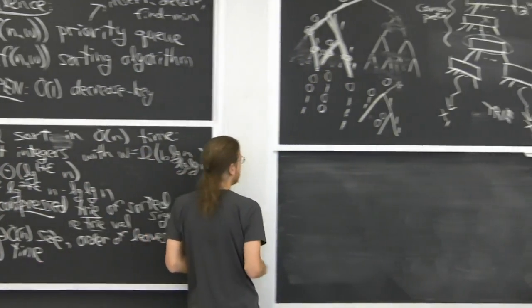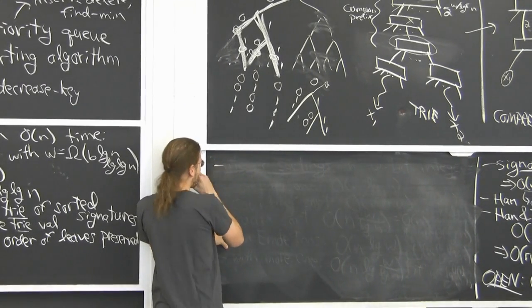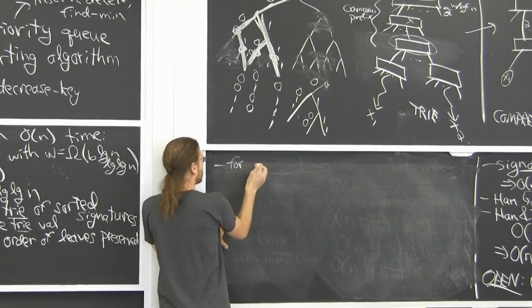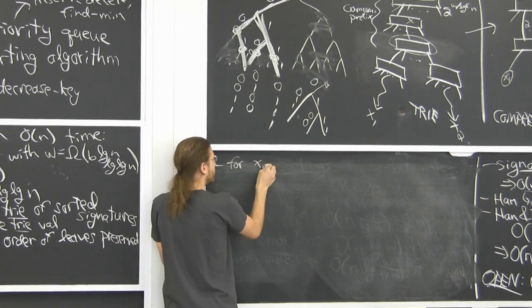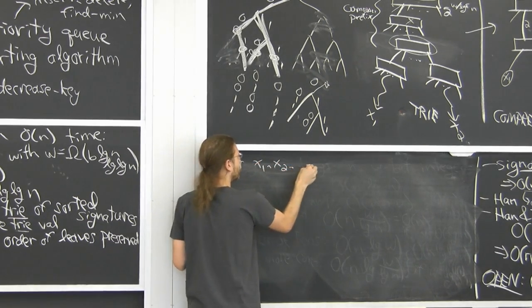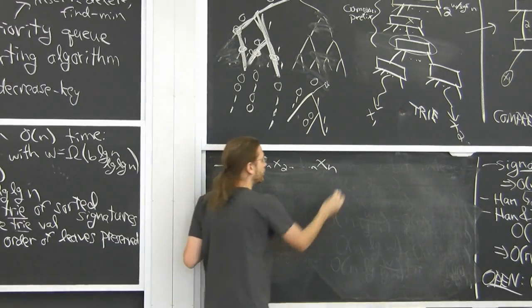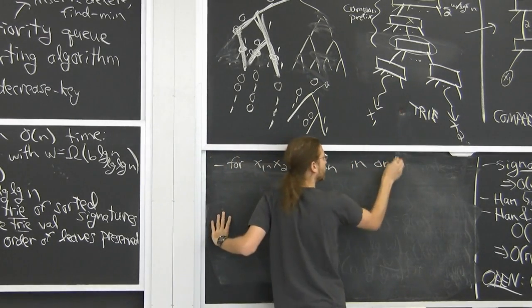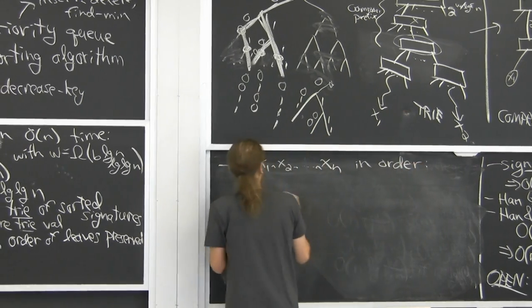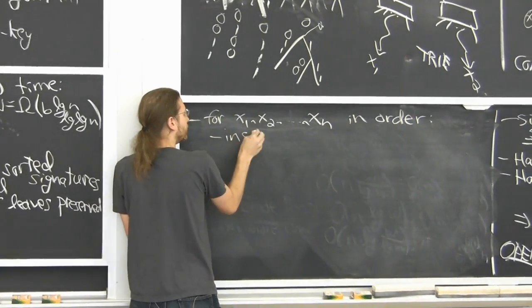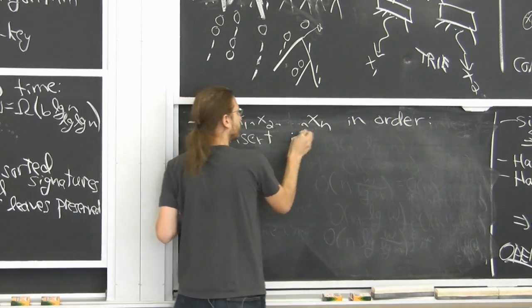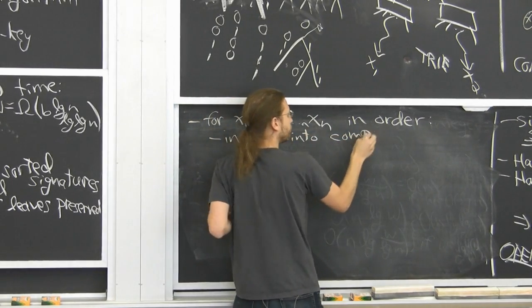Okay, so how do we do this? We have our items x1 through xn in order. I want to just insert each into the compressed trie.